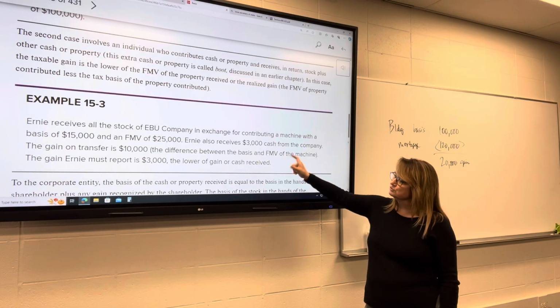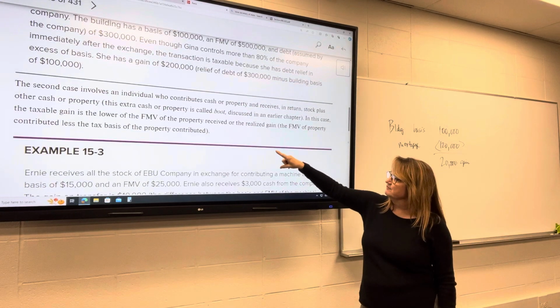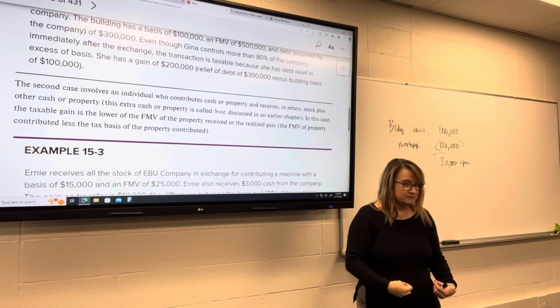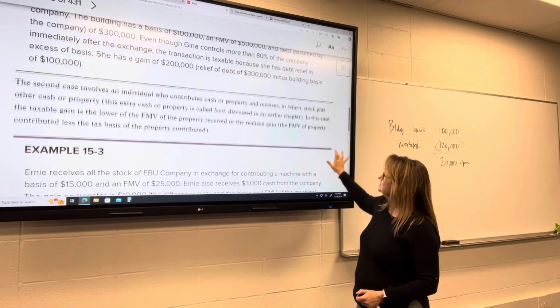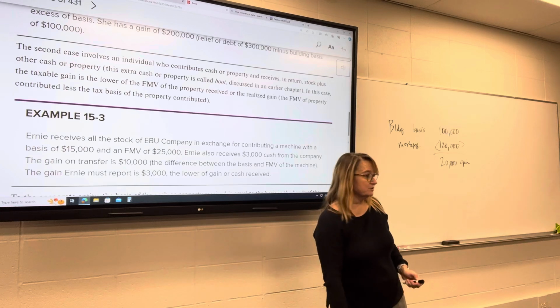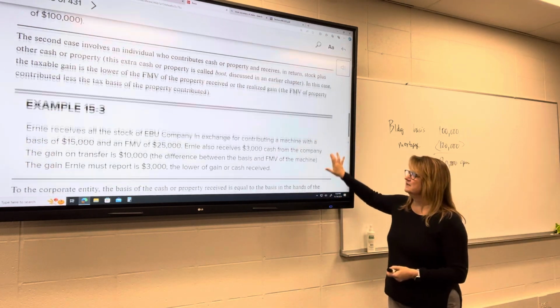So you compare those two things. So he's got fair market value of the property received, which was $3,000. He received $3,000 in cash. That's the fair market value of that. Or the realized gain, which is the fair market value less the value of the property contributed, as though he sold it, right? So what that gain would be if he had sold it.